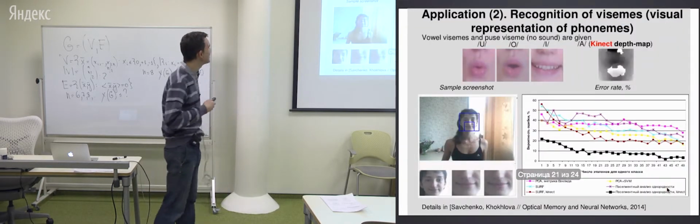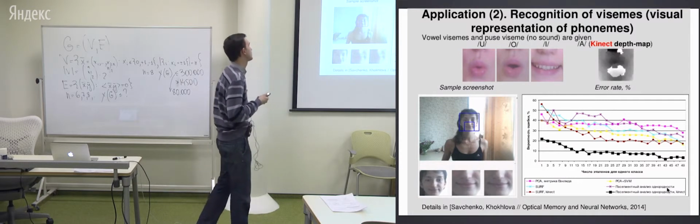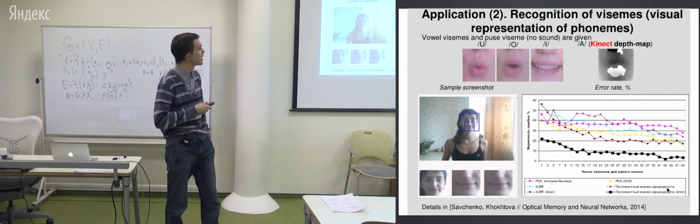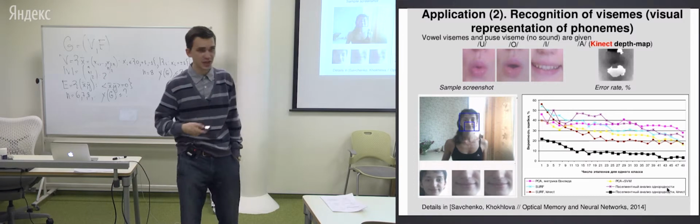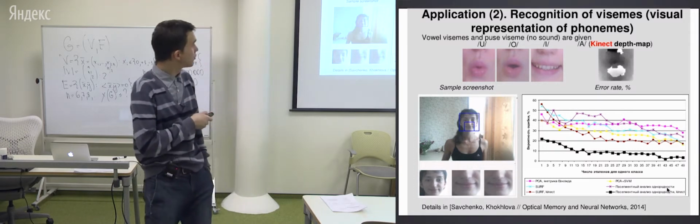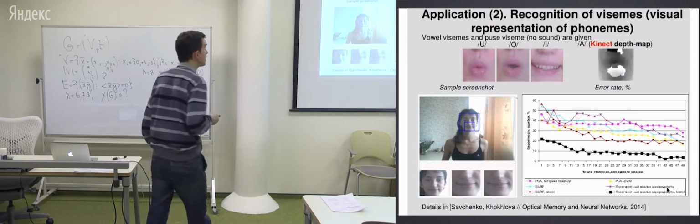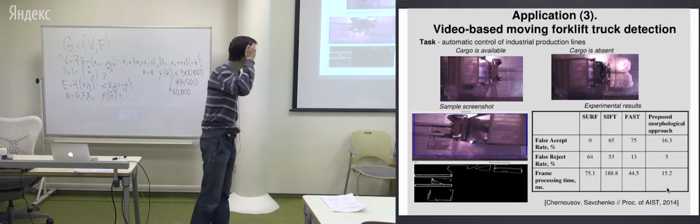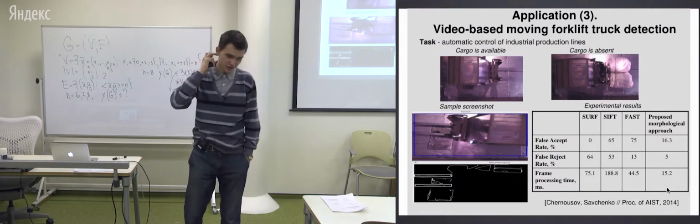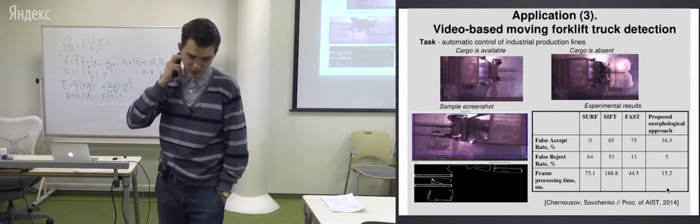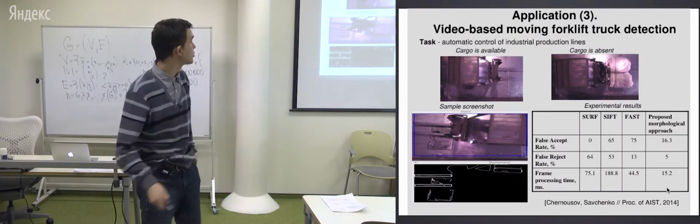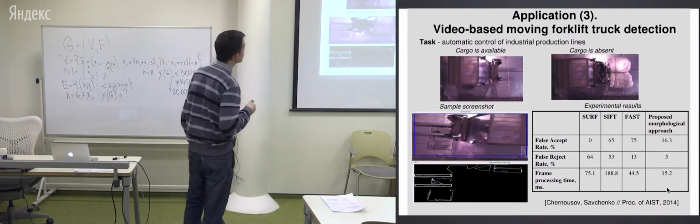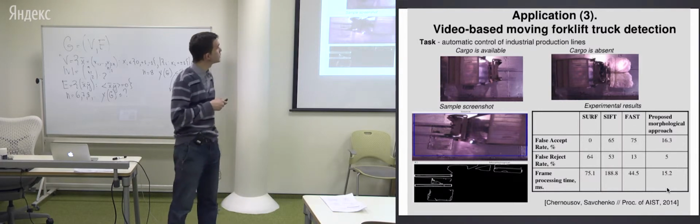So here is the Kinect. It was an interesting result because we showed that histograms of oriented gradients, our approach, worked even for this depth map camera. The final application is from machine vision. We had to develop a short application to understand whether cargo is present on a forklift truck.